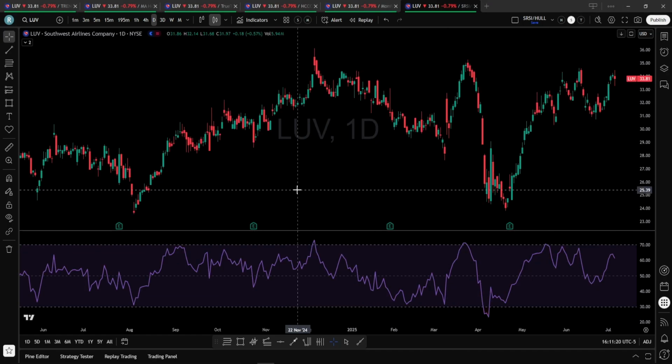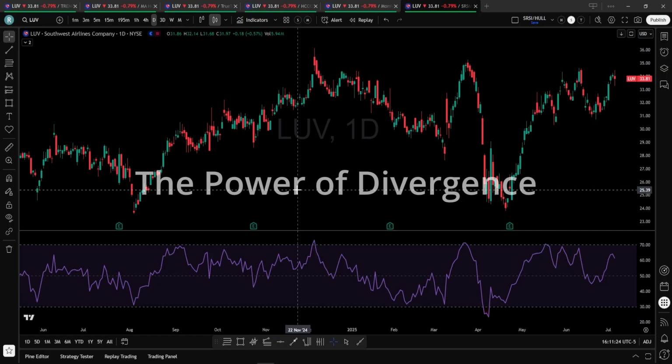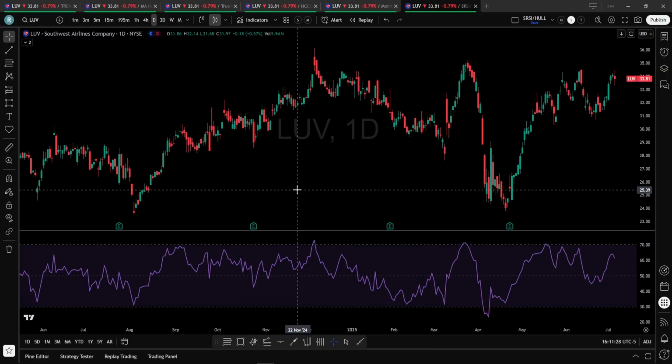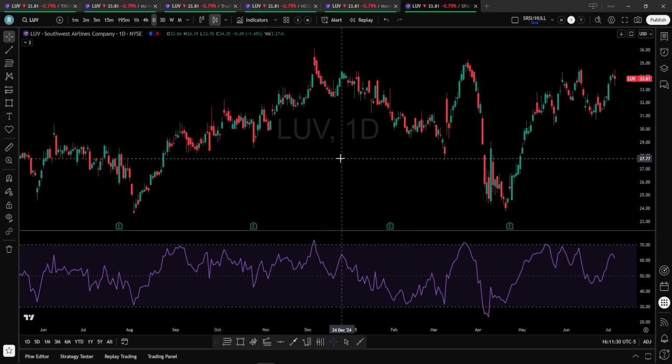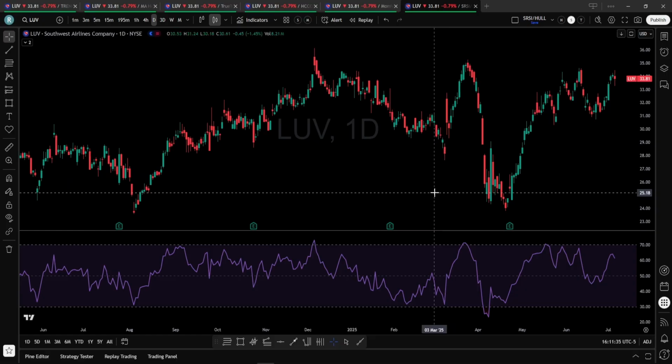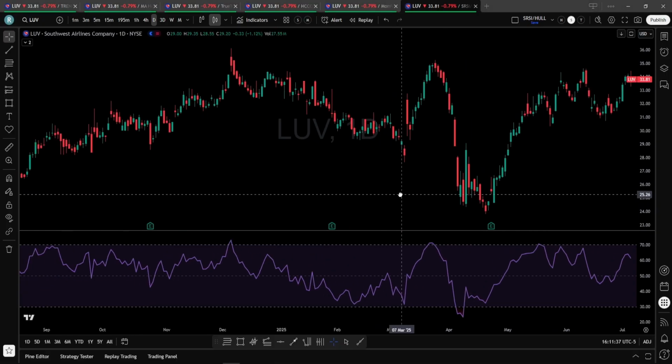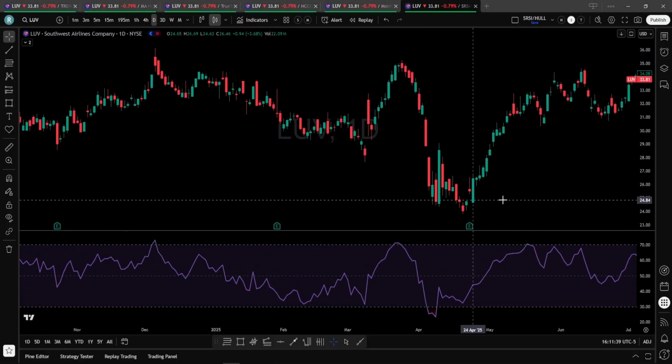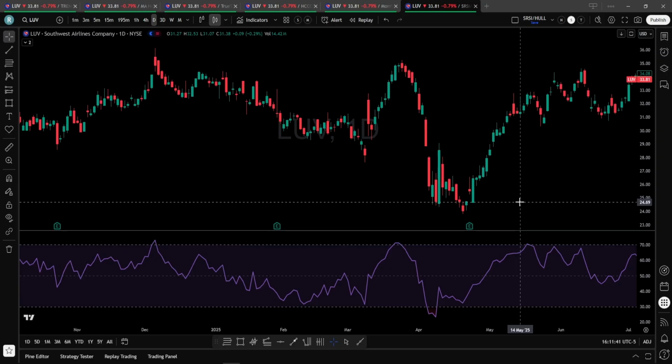Now we're going to talk about divergence, bullish divergences and bearish divergences. This is another powerful use of the RSI indicator. And we have an excellent example right here in this chart, LUV.